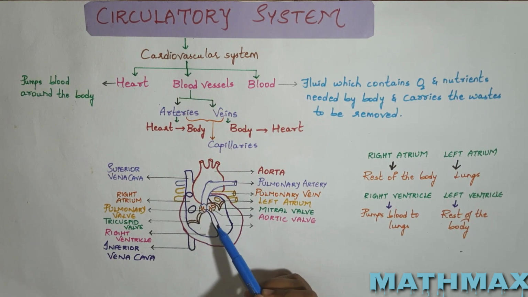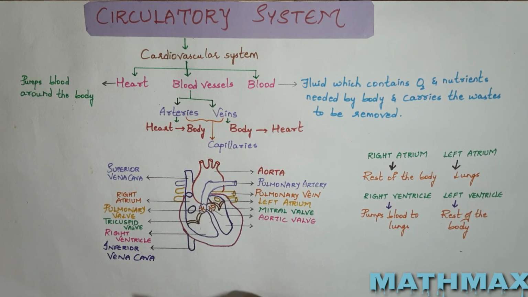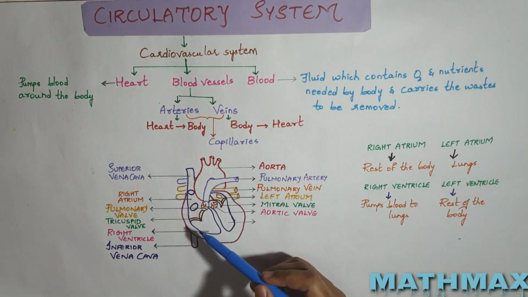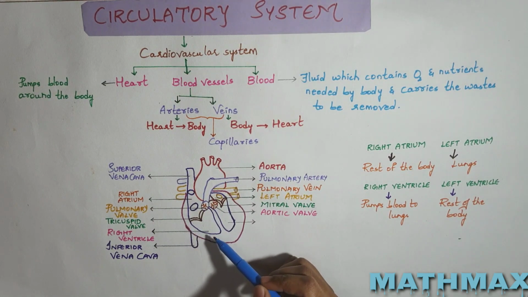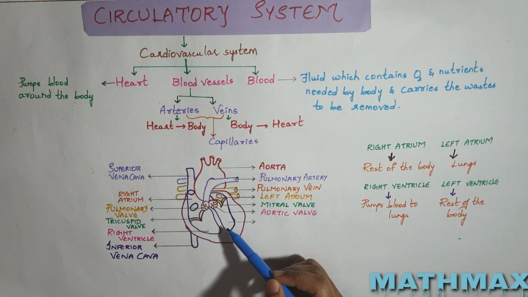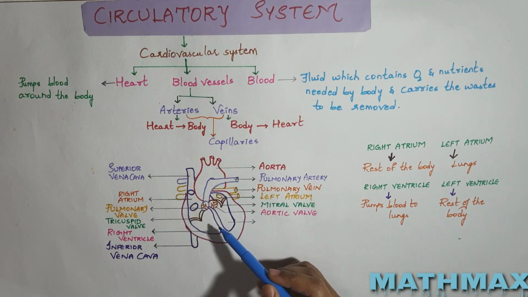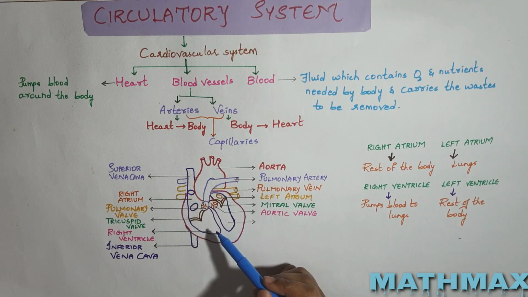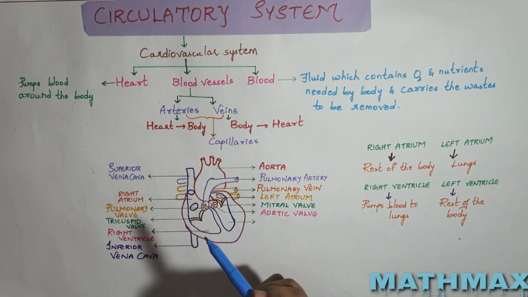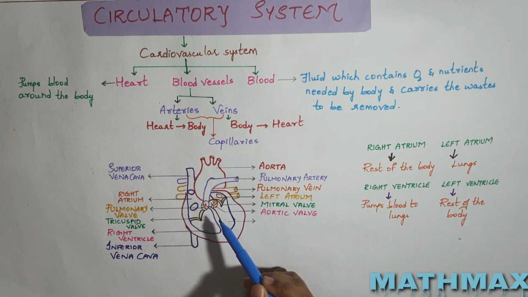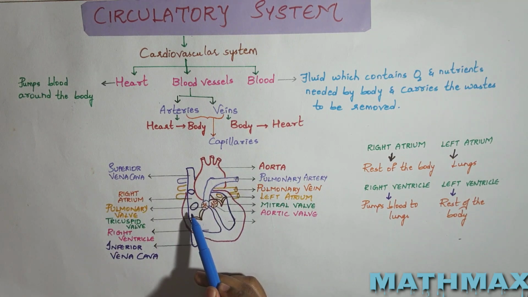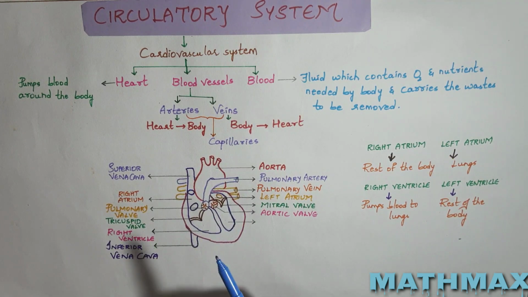These ventricles pump blood out to different parts of the body. The ventricles have much thicker walls than the atria, which allows them to perform more work by pumping blood to the whole body. The left atrium and left ventricle are smaller when compared to the right atrium and the right ventricle.